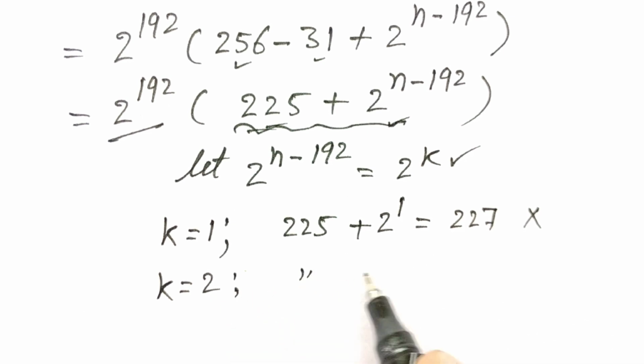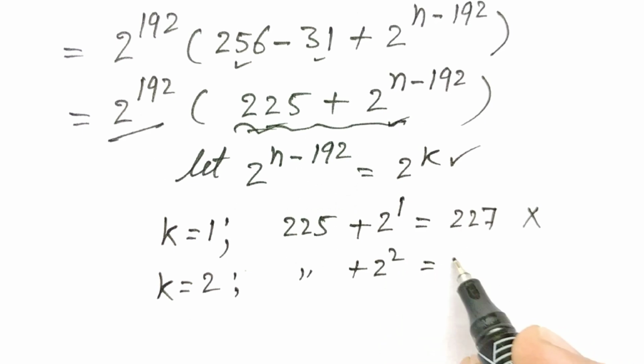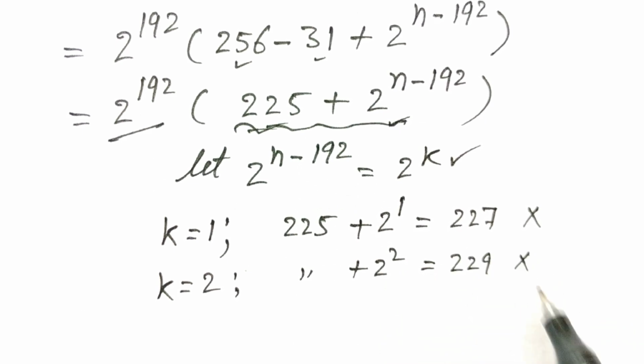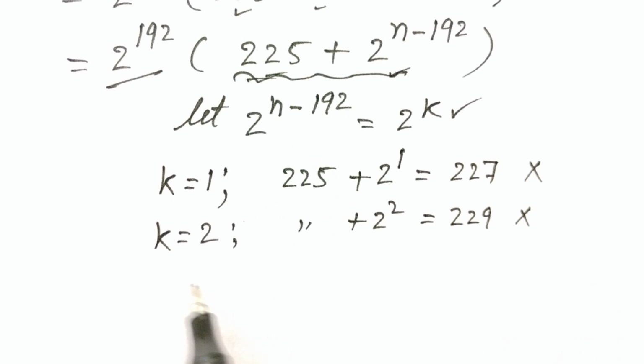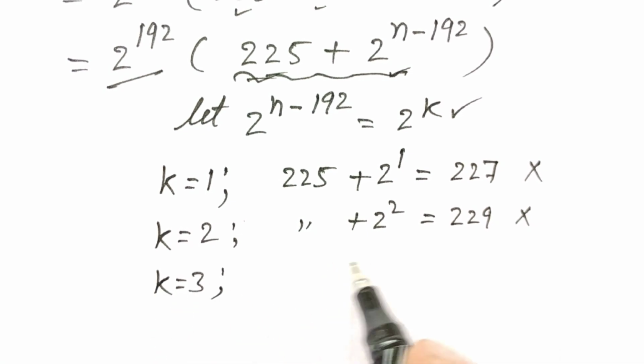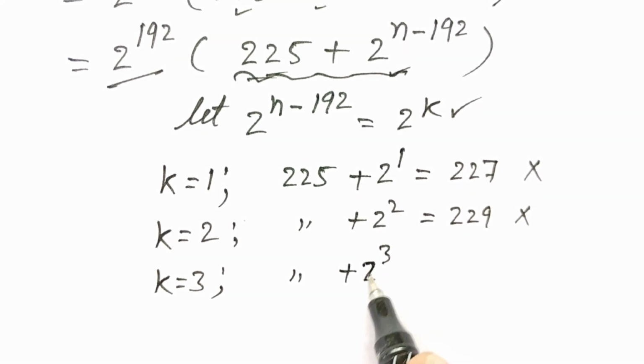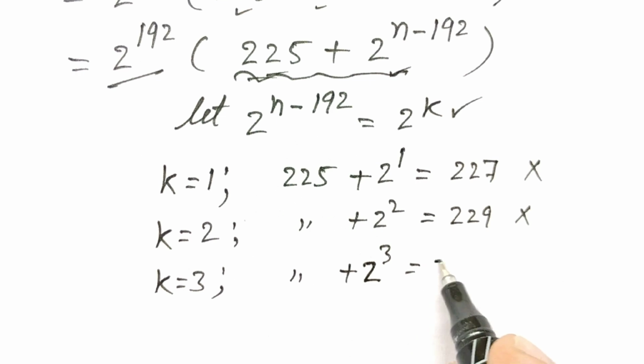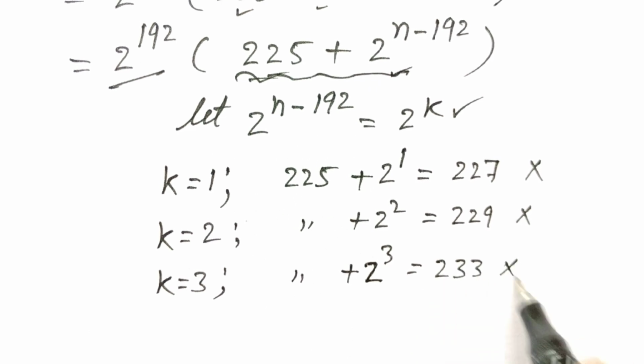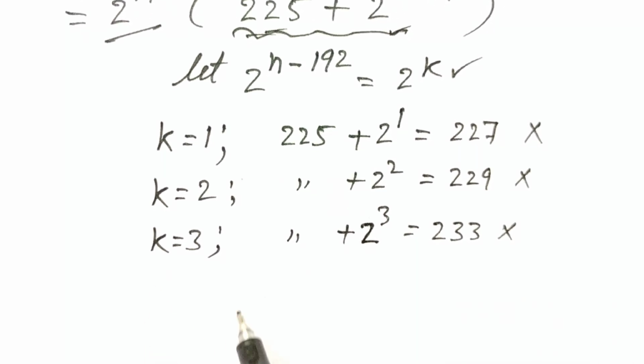So this plus 2 square is equal to 229. Not a perfect square. Now k is equal to 3, right? So 2 cube, it is 233. Also not a perfect square.